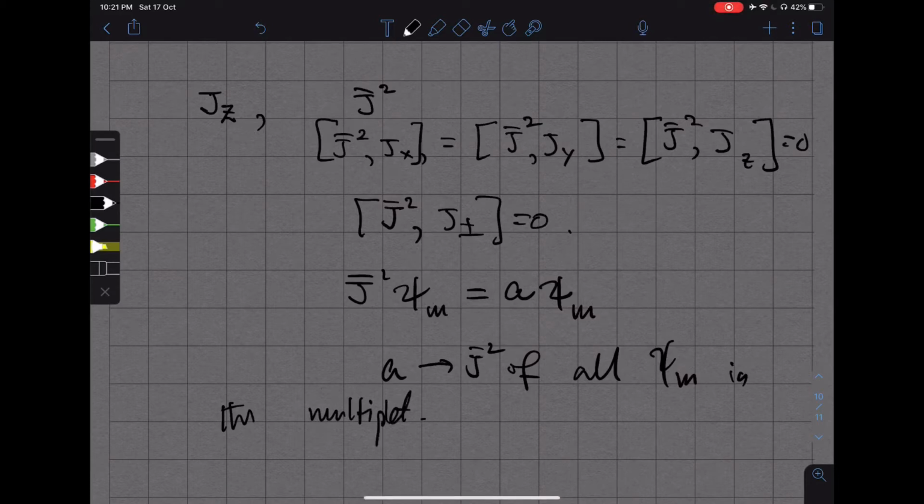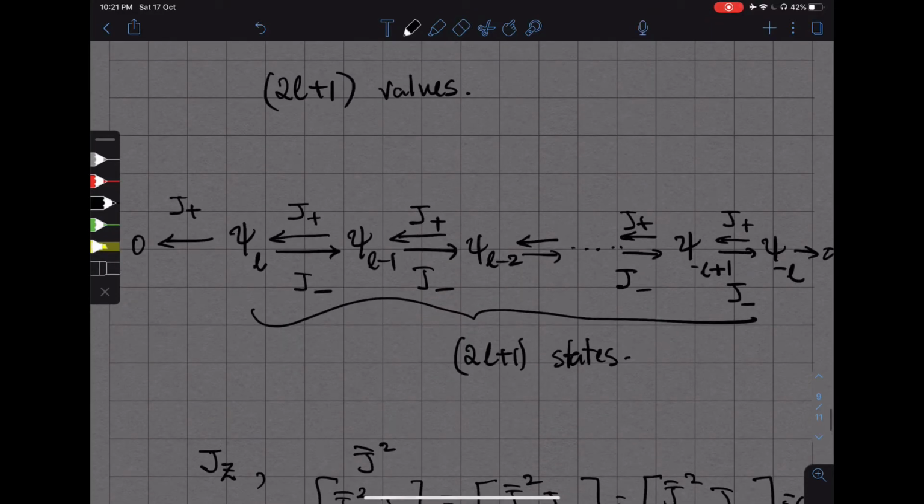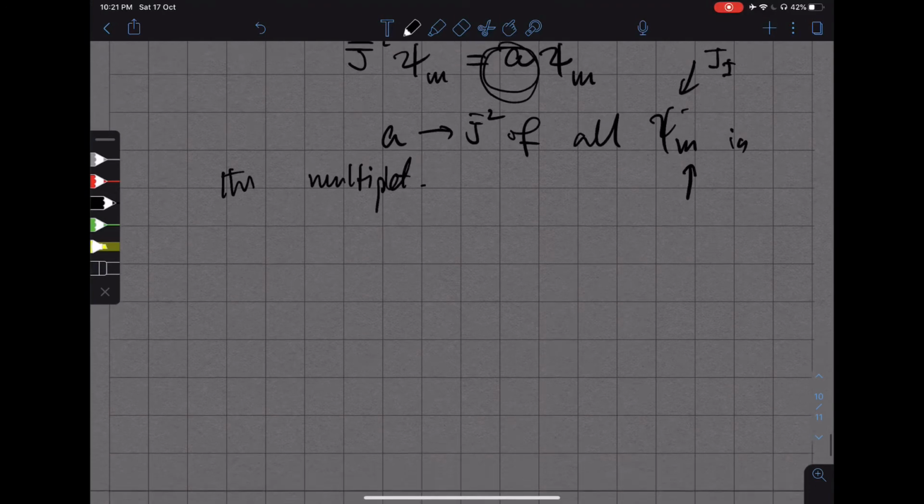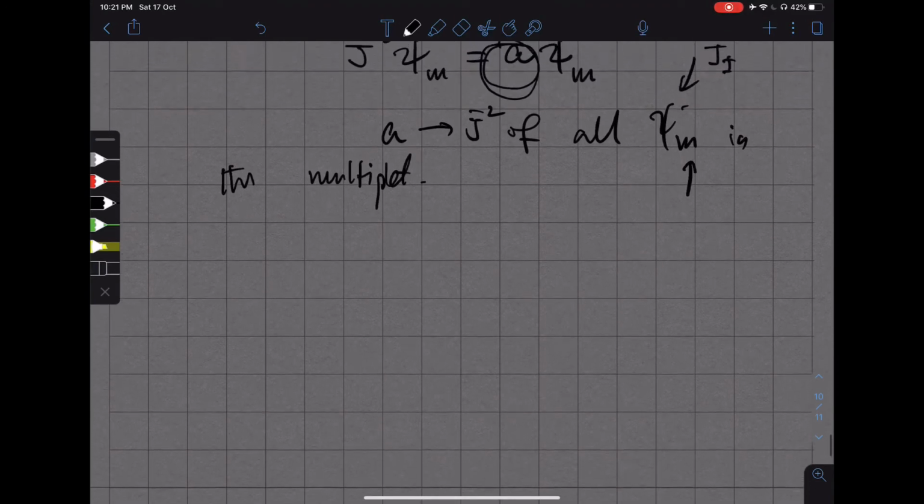And that's because if you apply J plus or J minus on it and increase its m eigenvalue, because J plus and J minus commute with J squared, that's not going to change the A eigenvalue. So I only need to choose one state from this whole set and measure its J squared eigenvalue, and it'll be the same eigenvalue for all the other states, all the other eigenfunctions.